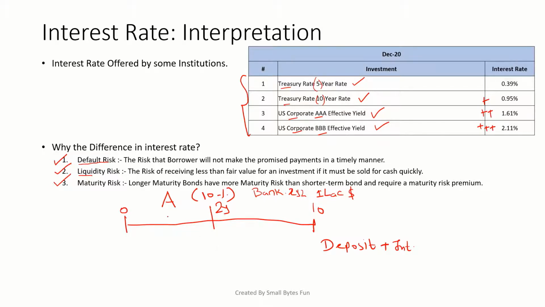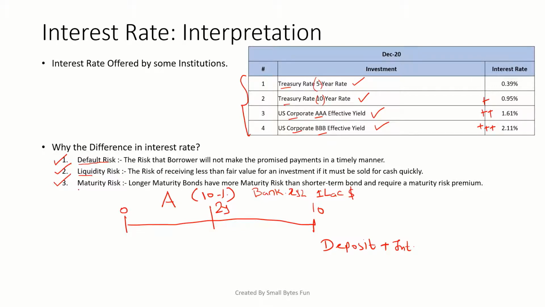So A runs a liquidity risk that whenever he is in need of money, he cannot convert his fixed deposit to cash. Liquidity risk by definition is receiving less than fair value for an investment that has to be sold for cash quickly. So this is the liquidity risk.